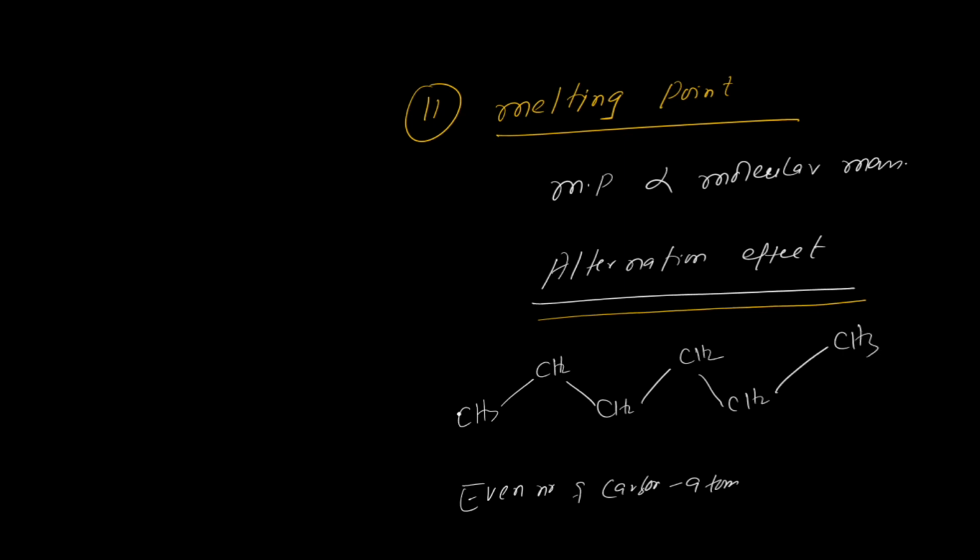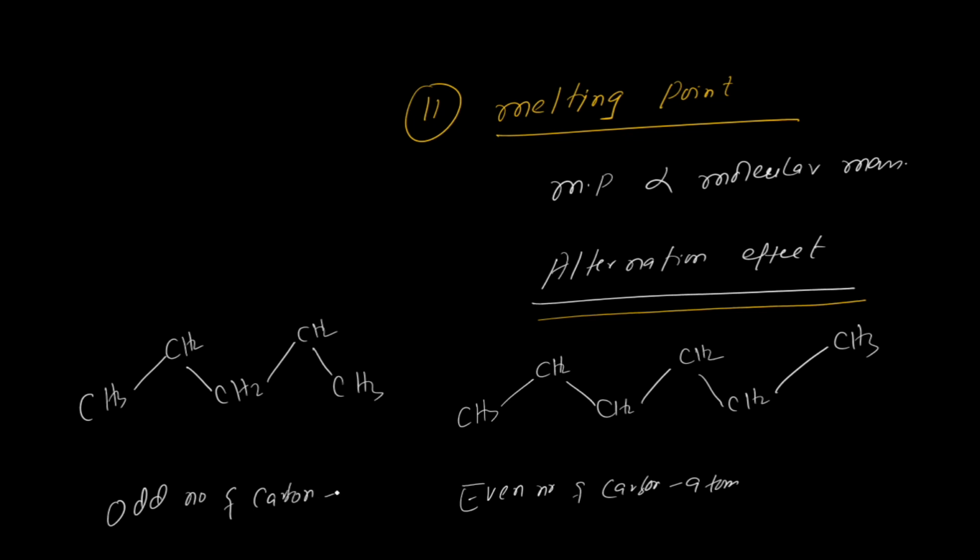So this is the even number of carbon. Odd number of carbon is what? Now we take the 5 carbon alkane, CH3-CH2-CH2-CH2-CH3. So this is the odd number of carbon atoms. Out of these two, the even one will have a higher melting point.